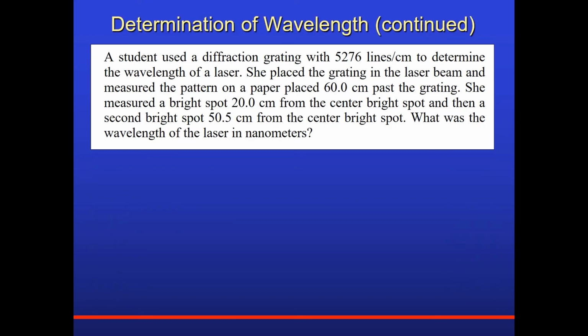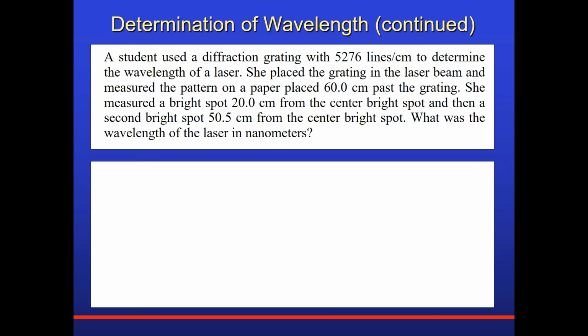Now, same problem, same statement, nothing has changed. We're just going to continue working through the data. So, the first bright spot from the center, that's going to be the m equals 1 constructive interference. Let's find the angle for that first constructive interference.